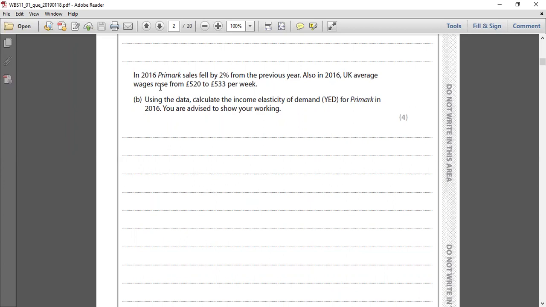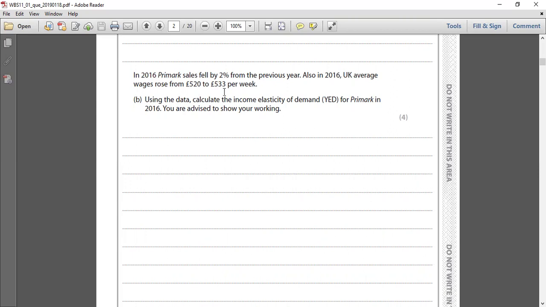Here they have given the figures. In 2016 Primark sales fell by 2% from the previous year, so sales fell by -2%. They have given the percentage change in quantity demanded. Also in 2016, average UK wages rose from 520 to 533 per week. Here you have to do a small working: final minus initial over initial times 100 gives the percentage difference.